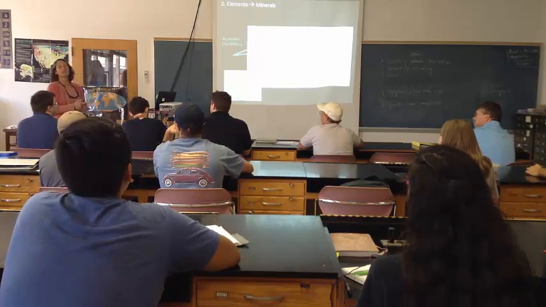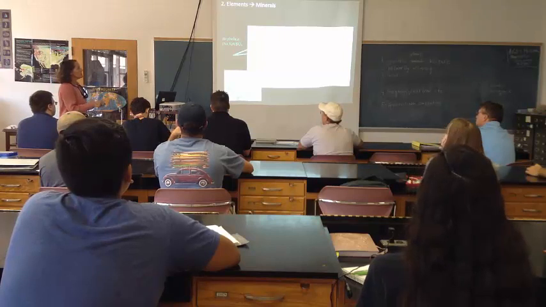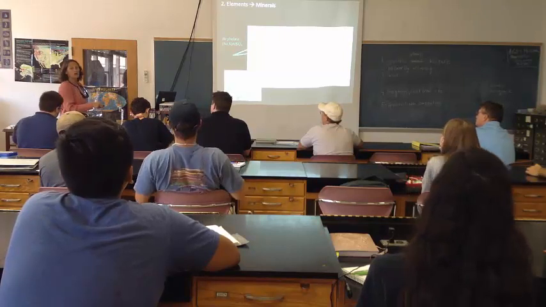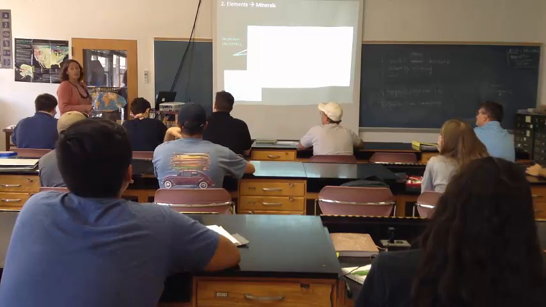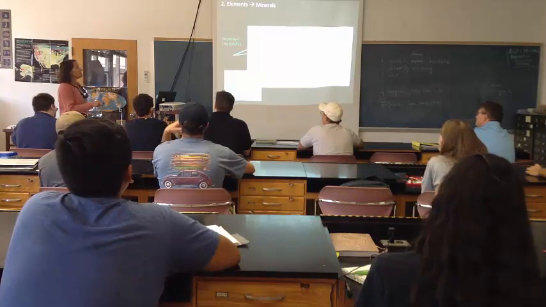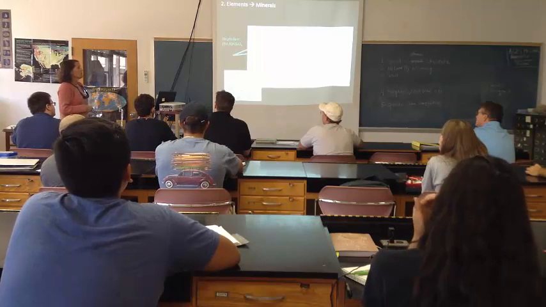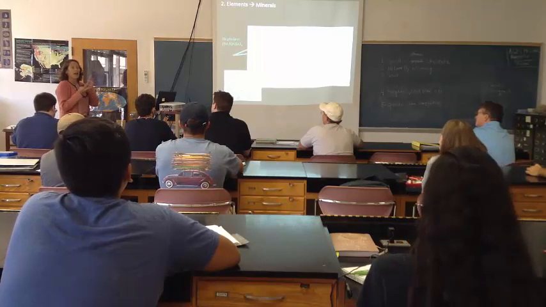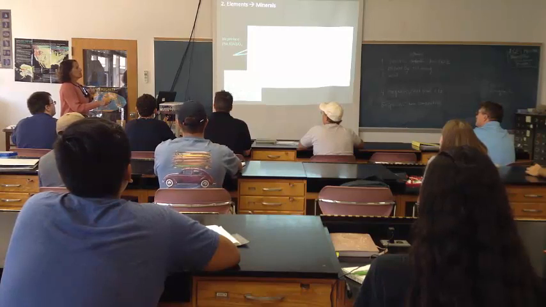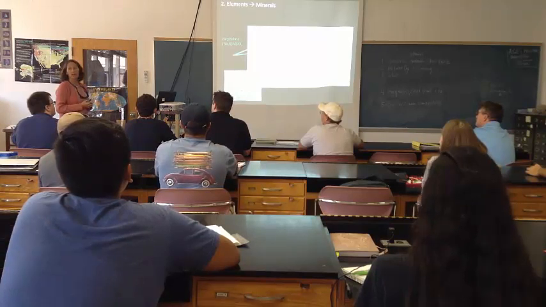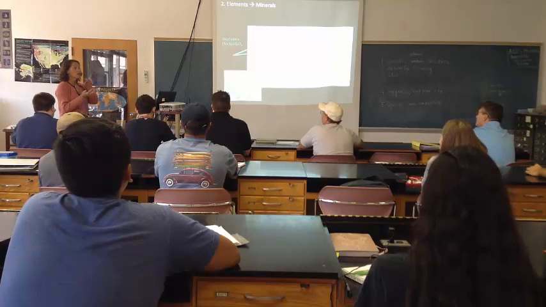Yes, one's bigger than the other, because remember that as we move down the rows, down the periods, we get bigger elements. So potassium's a little bit bigger than sodium, but not that much bigger. It's not like cesium is trying to fit into a site that sodium would occupy. So that substitution makes sense. It's an okay substitution.